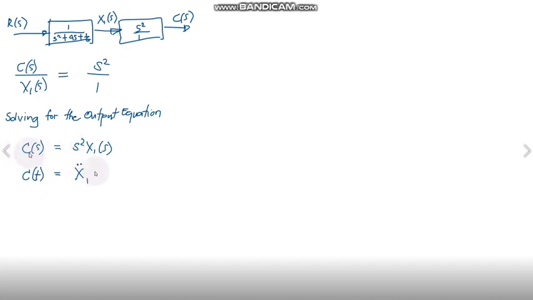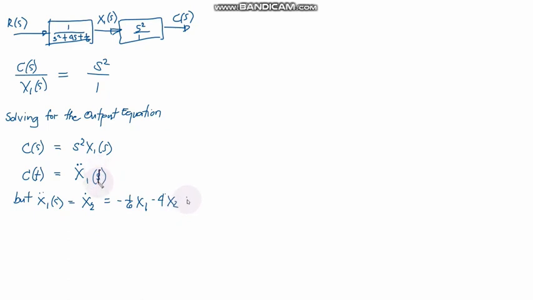So the inverse Laplace of C(s) is c(t). The inverse Laplace of s squared X1(s) is the second derivative. By the way, this should be t, not s. Okay, so if we're going to correct that, this should be t.